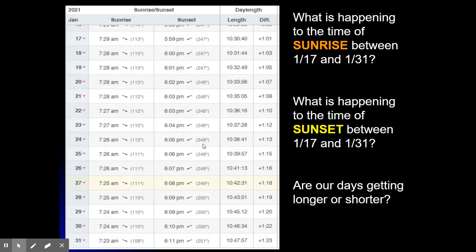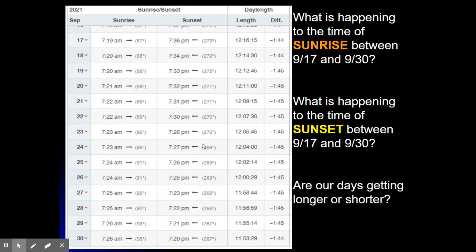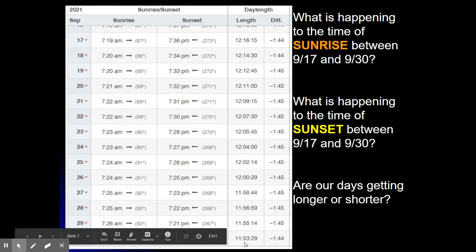Now, if we fast forward to September of this year, in the fall, notice how the sunrise is at 7:19 and the sunset is at 7:36. So that's a length of day of 12 hours and 16 minutes. But notice how the length of the day is changing as we move from September 17th to September 30th.